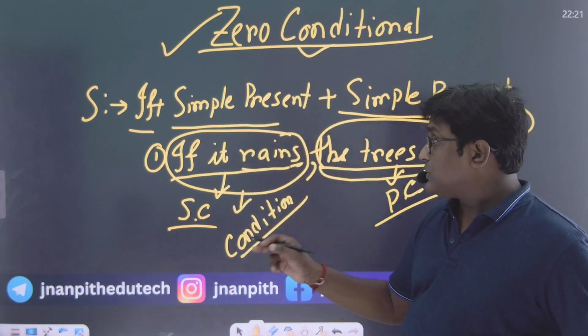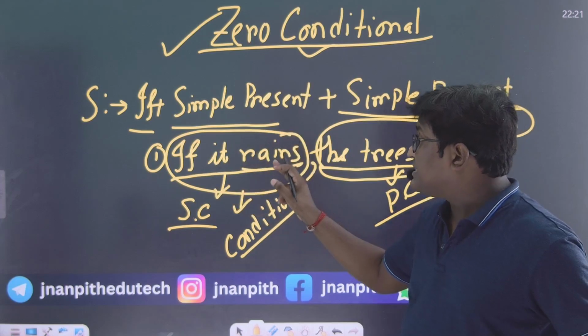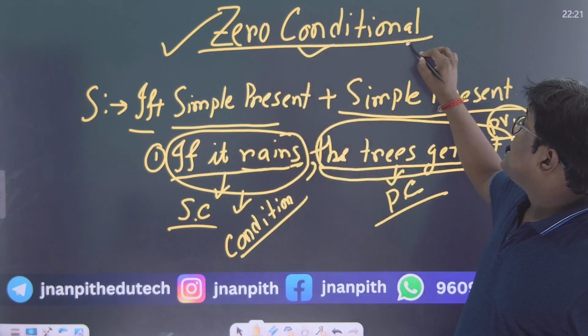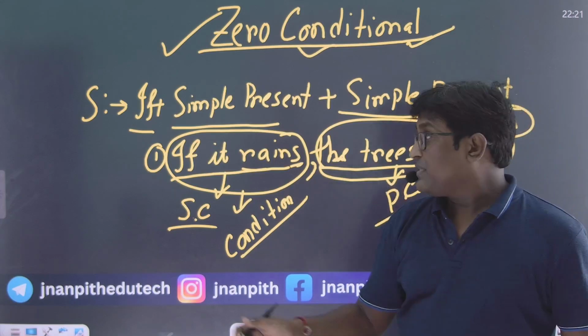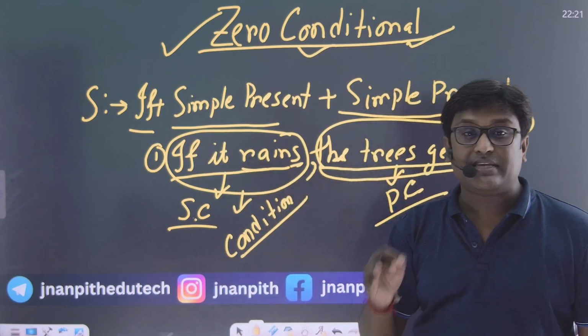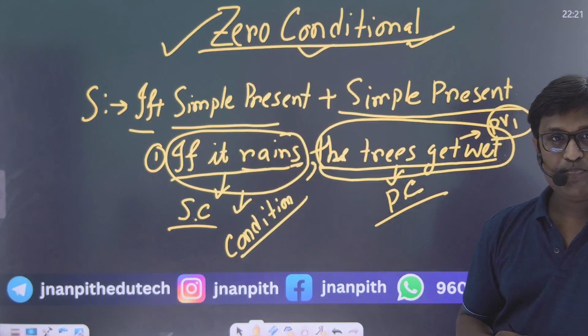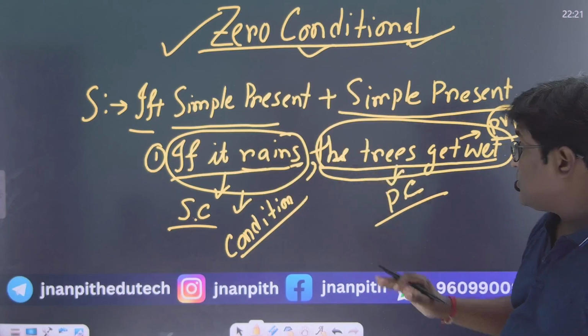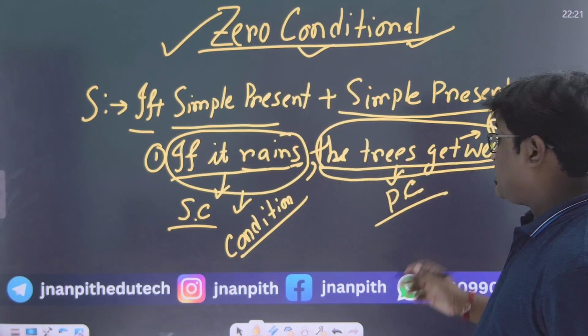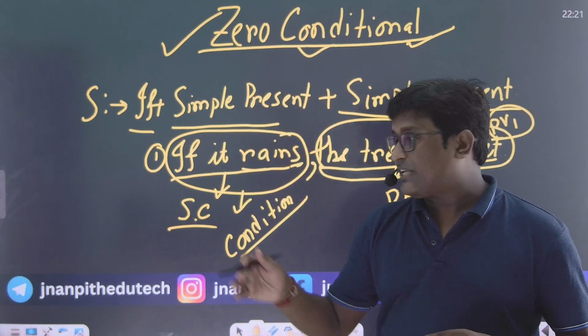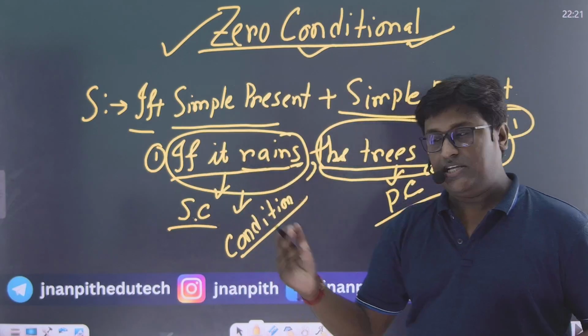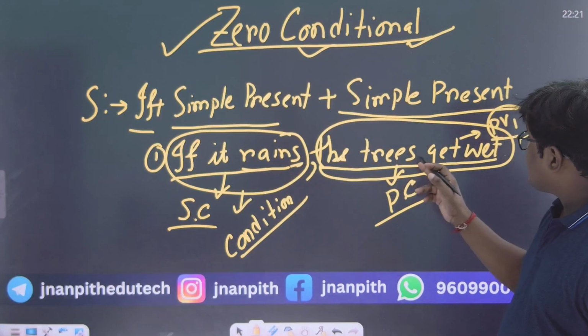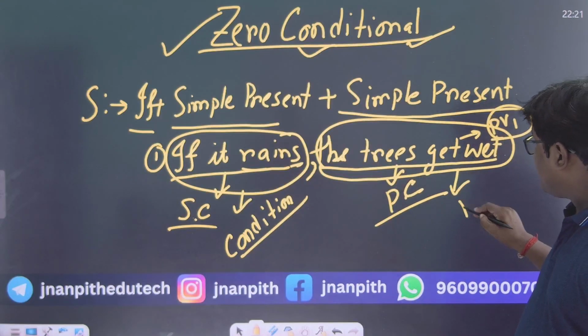Number one. Number two, the if clause is in present tense in terms of zero conditionals. Number three, the if clause will have to be a subordinate clause. Mind it, in terms of the principal clause, or the remaining part, the trees get wet, this part is the result of that particular condition. The trees get wet is also in present tense.